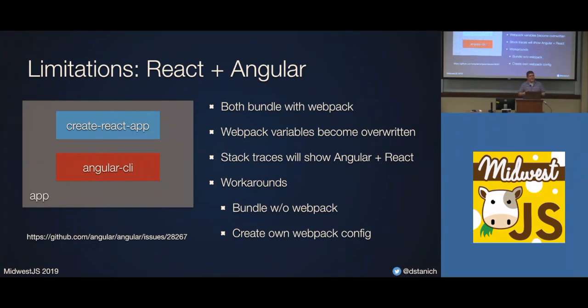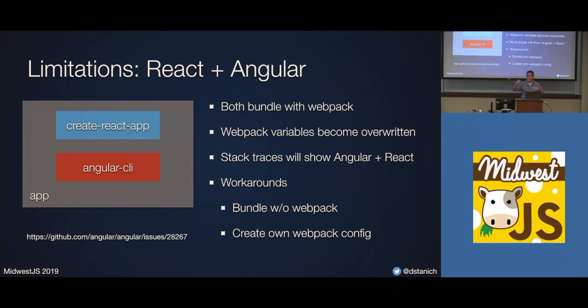So another limitation that you might run into is if you try to combine React and Angular on the page, they fight. The reason is they're both using Webpack under the covers. If you're using Create React App and Angular CLI, they both use Webpack, and they must use some sort of default setting or namespace. If you put their minified versions on the same page of your application, you're going to get stack overflows that start calling each other.